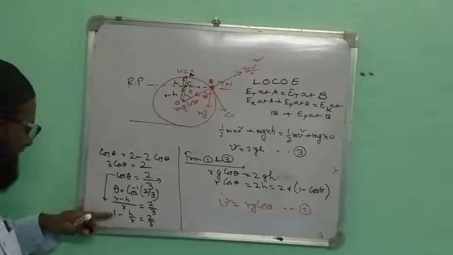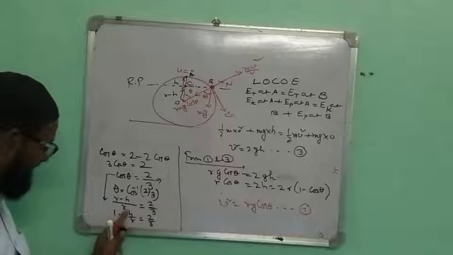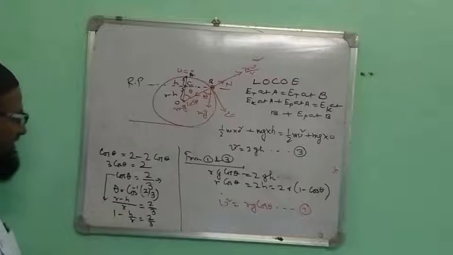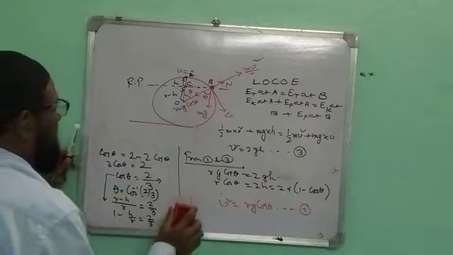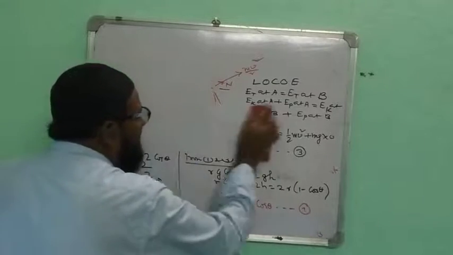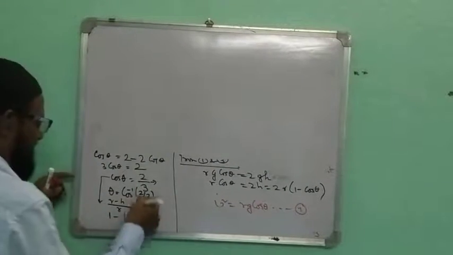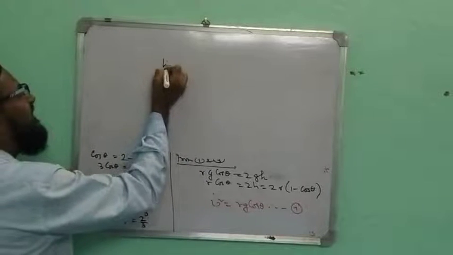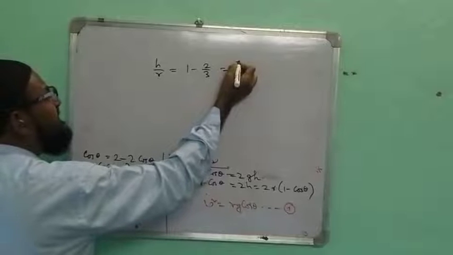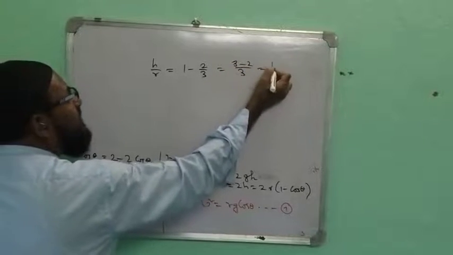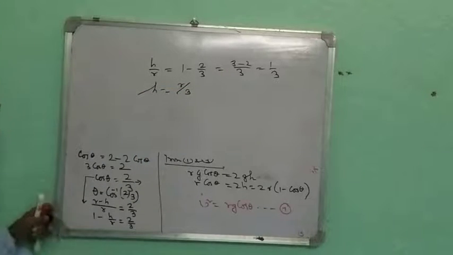Taking this portion to this side and that portion to the other side, h by R equal to 1 minus 2 by 3, which is 1 by 3. So h equal to R by 3.